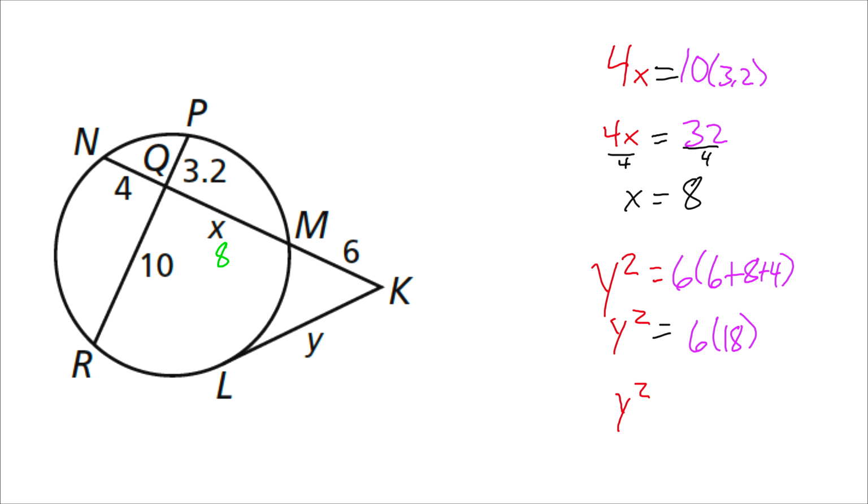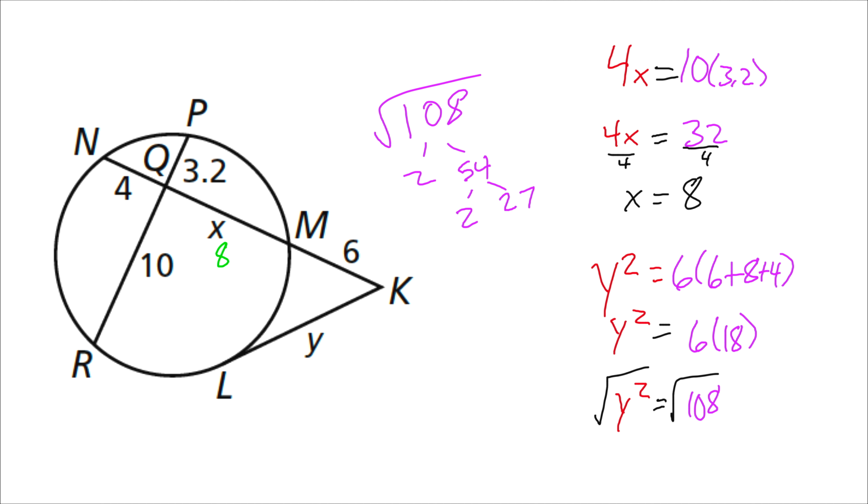So y squared equals 108. I really kind of hoped this question would lead me to a nice perfect square, but no. Square root of 108. 2 times 54 times 2 times 27. 3 times 9, and 9 is of course 3 times 3.